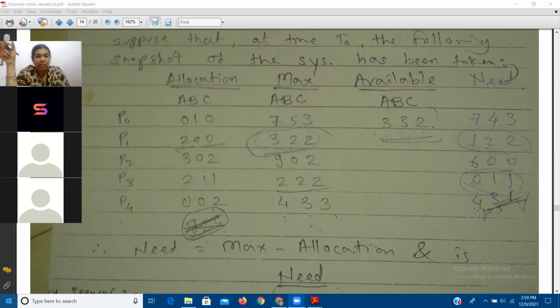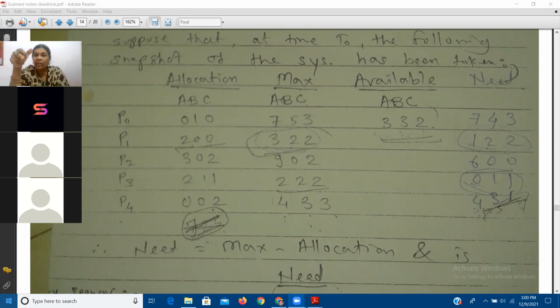So can anybody tell me which process I am able to choose? So can I choose process P0? Come on. No, ma'am. We can't choose process P0 because its need is 743, which is greater than 332.